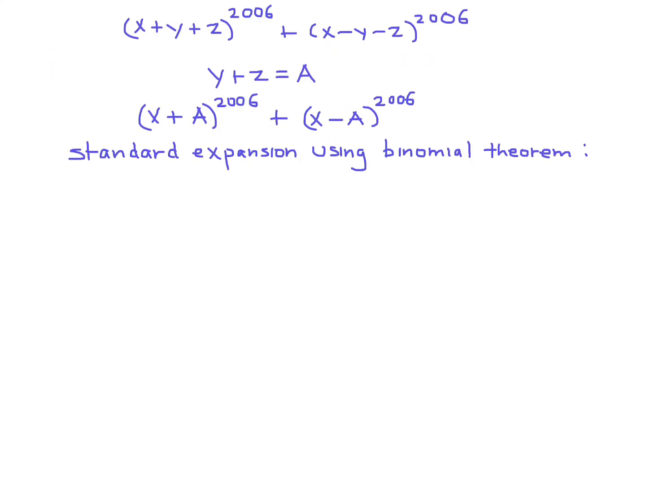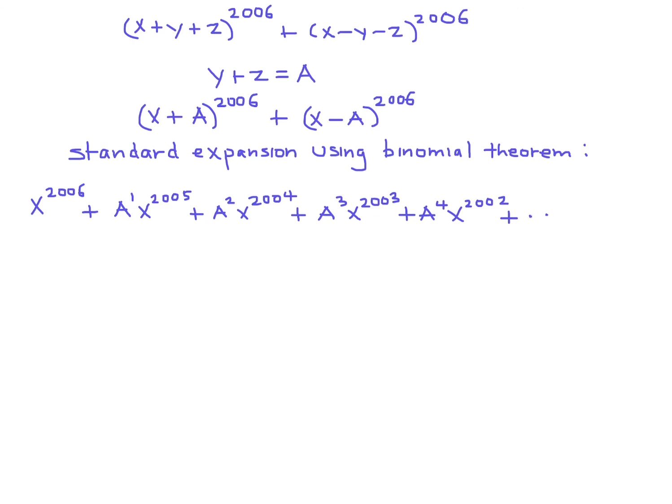And here we go. I'm not going to do it all, of course, that would be crazy. I'm just going to do maybe 8 terms. I think 8 should be enough. A1 x to the 2005 plus A2 x to the 2004 plus A3 x to the 2003 plus A4 x to the 2002.